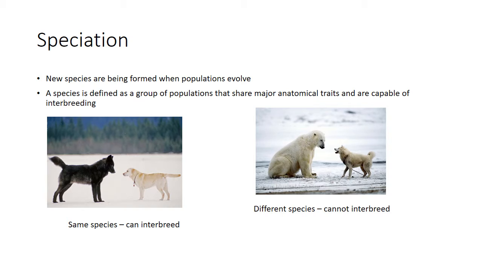Imagine that this dog on the left is a Great Dane, or Saint Bernard, a huge dog. And the other one is a Chihuahua, a pocket-sized dog. Well, they can interbreed. They can have healthy and fertile progeny. But the question is, will they want to do it? It's kind of unlikely. I don't know, honestly, but I'm just saying it.